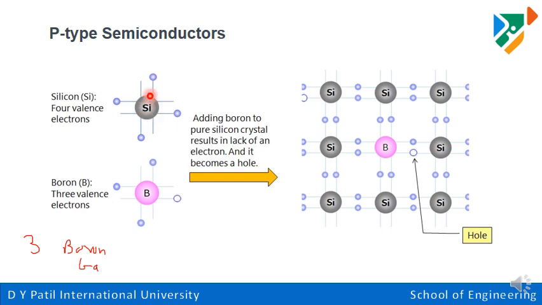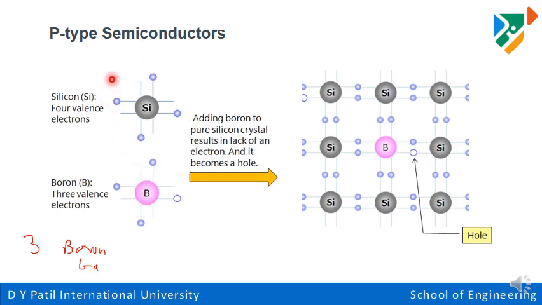Then this silicon material is added with another material, boron, which is trivalent. If we consider the boron structure, it consists of only 3 valence electrons. So we are adding the boron to the pure silicon crystal. Now what will happen? The p-type semiconductor is formed by doping a silicon crystal with trivalent impurity atoms.